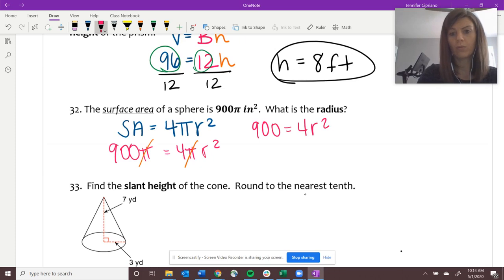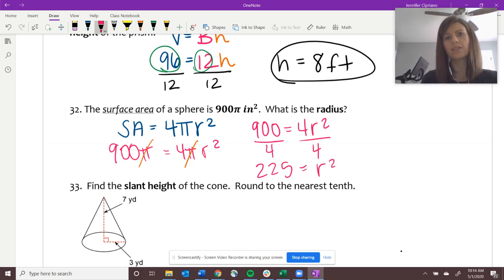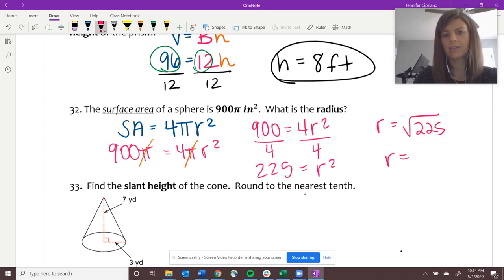Divide both sides by 4, and we get 225 equals r squared, and then we take the square root of both sides, and the square root of 225 is 15. So our radius would be 15 inches.